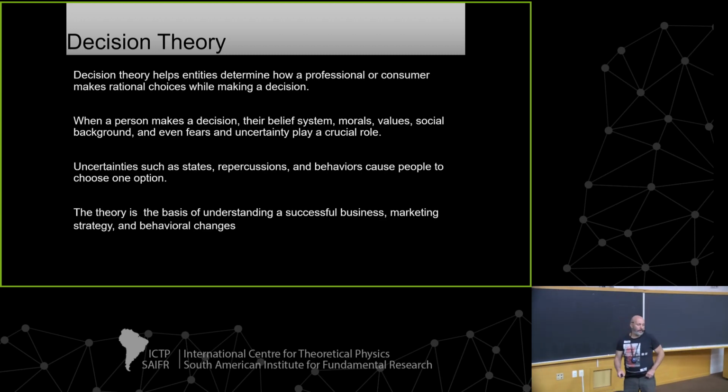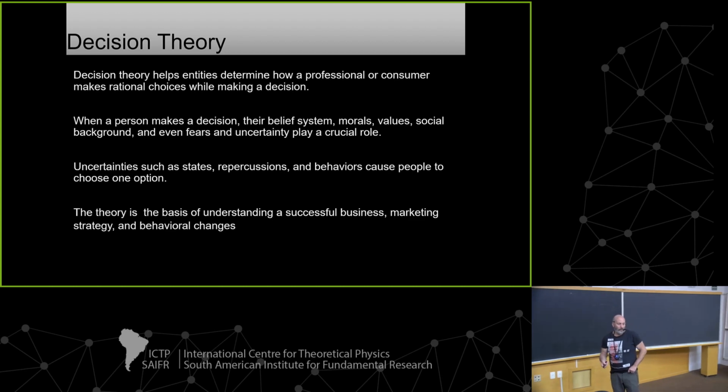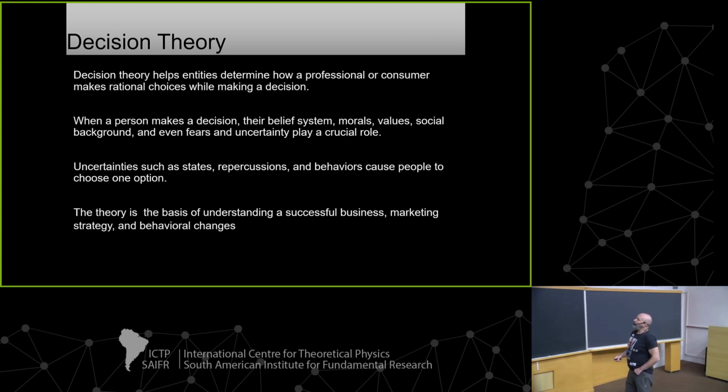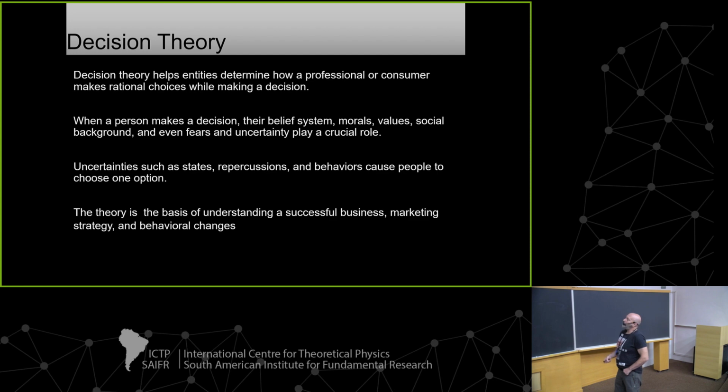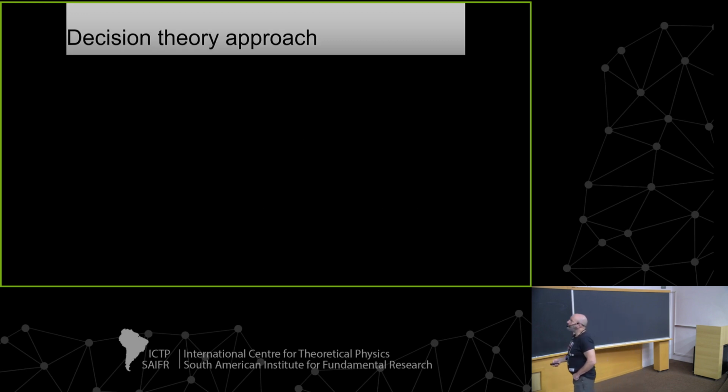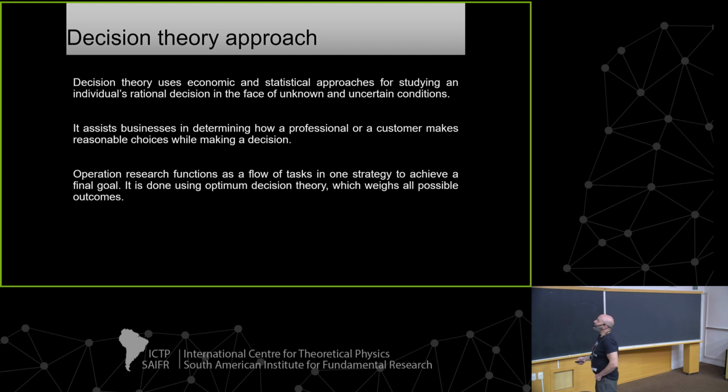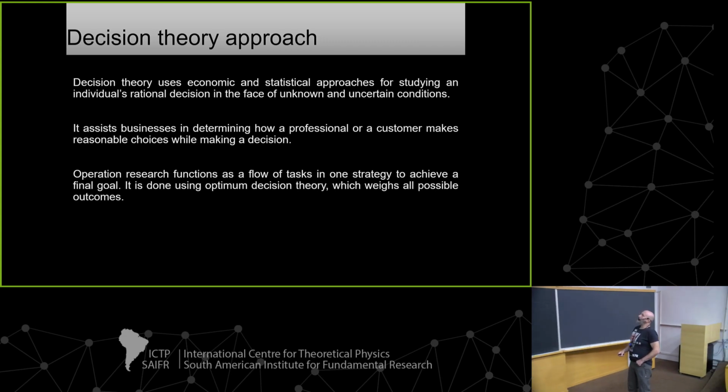Decision theory also helps a consumer or a professional make, again, a rational choice. The theory is the basis of understanding a successful business, marketing strategy, and behavioral changes. So, again, decision theory uses economic and statistical approaches.